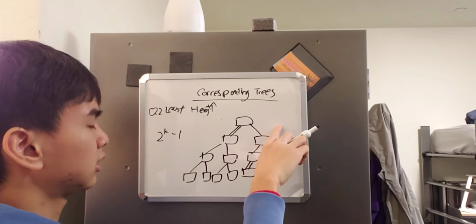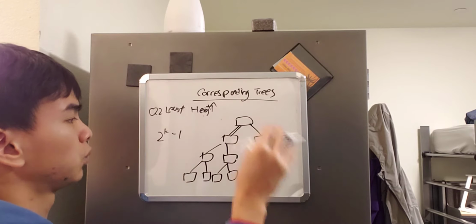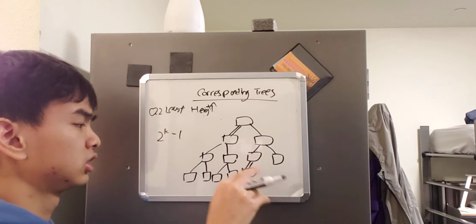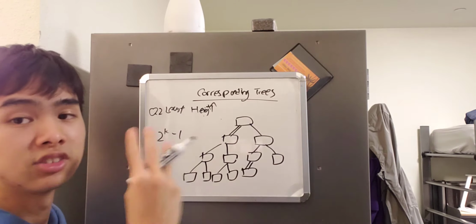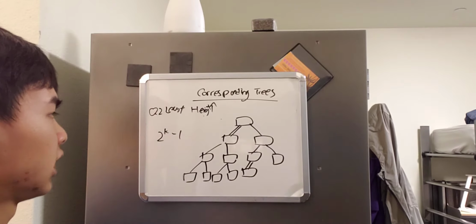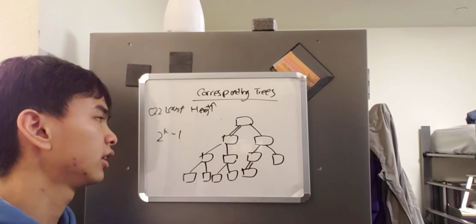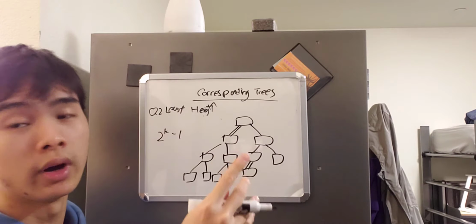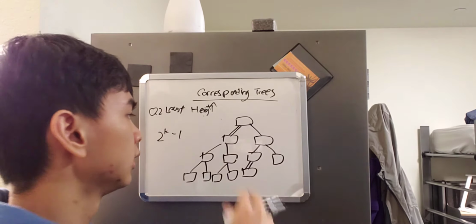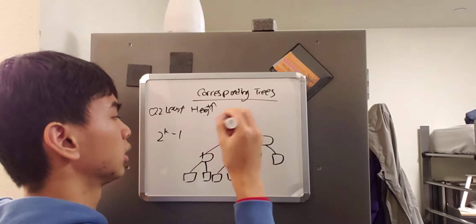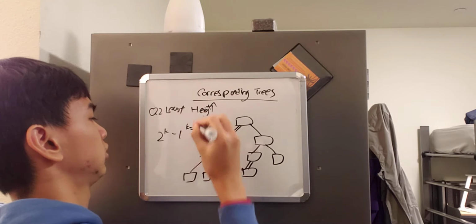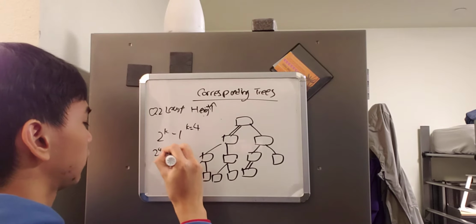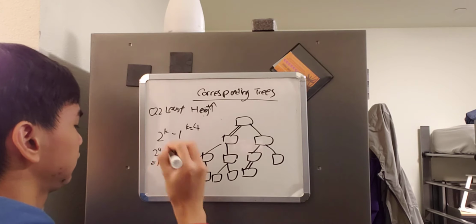Right now, the level of this tree is height plus 1, and since we figured out that the height was 2, that means the level for this tree is 3. But then we want to cause a height increase. When the height increases by 1, the level will increase by 1. So the level we want to look for is 4. If k equals 4, then 2 to the power 4 minus 1 is 15.